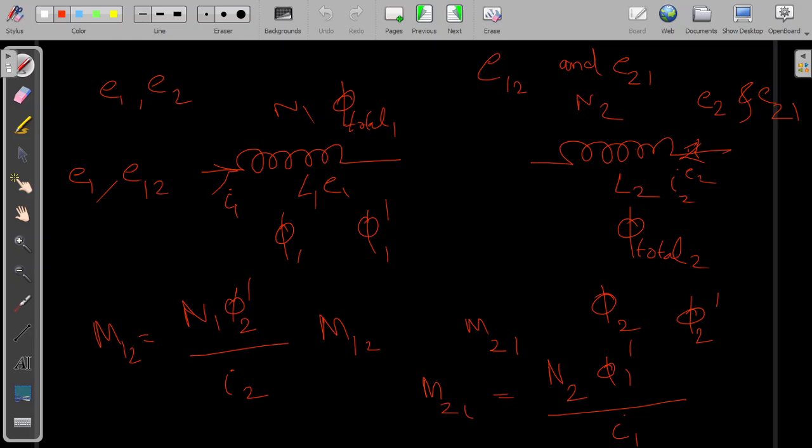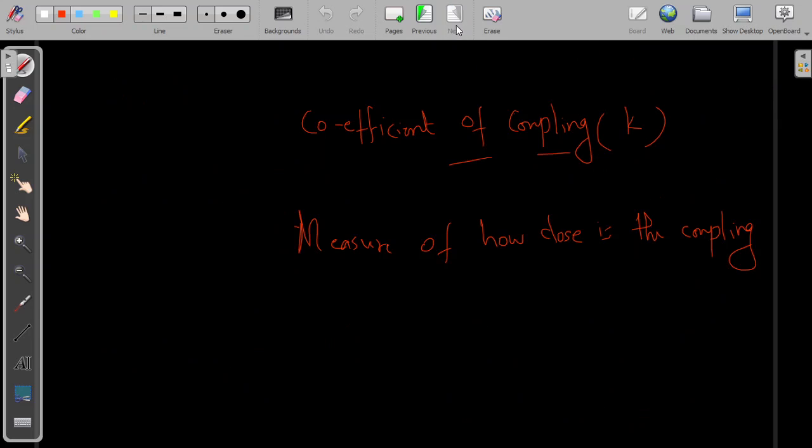It gives an idea of what portion of the flux produced by one coil links with the other coil.